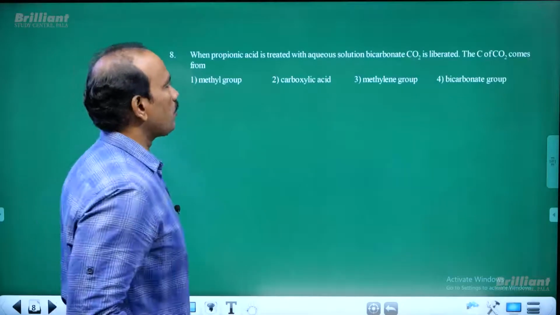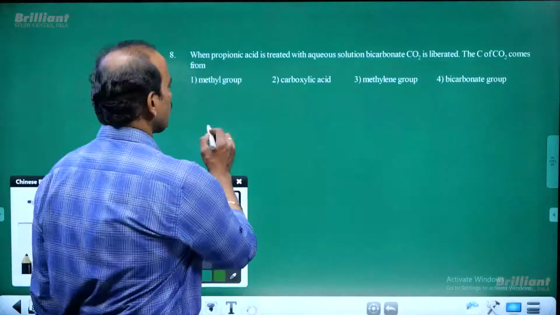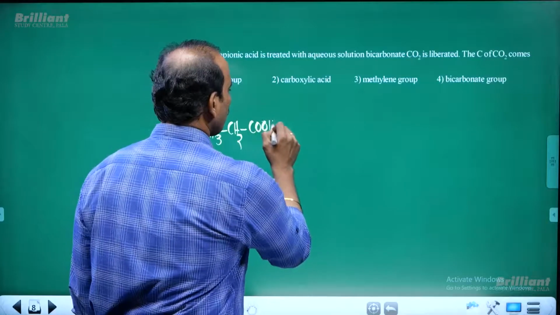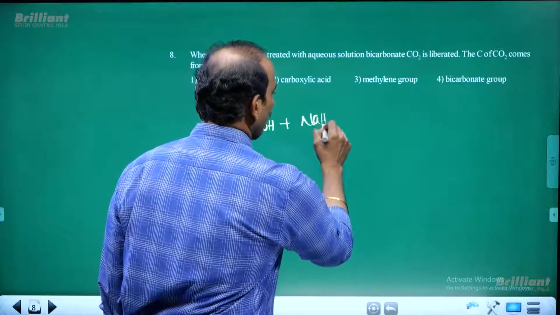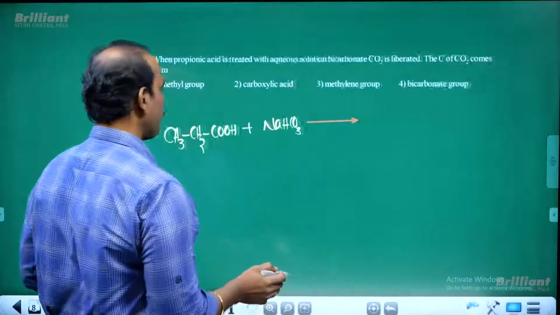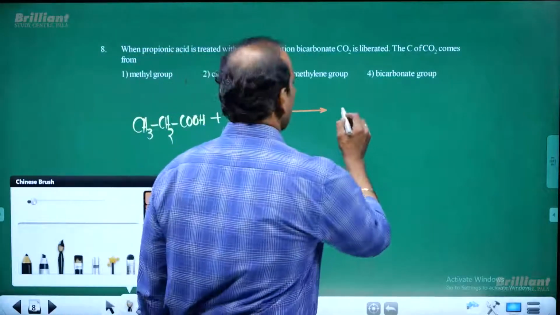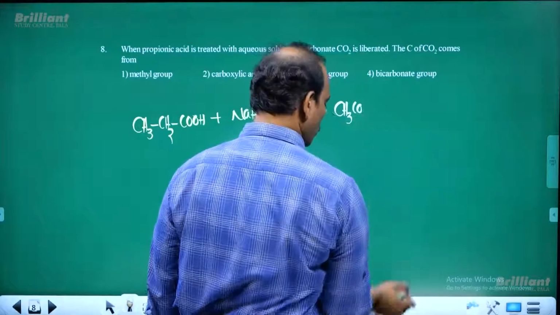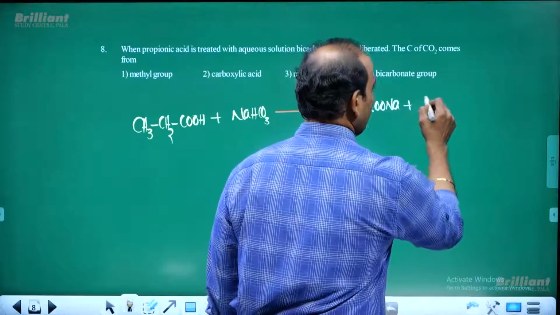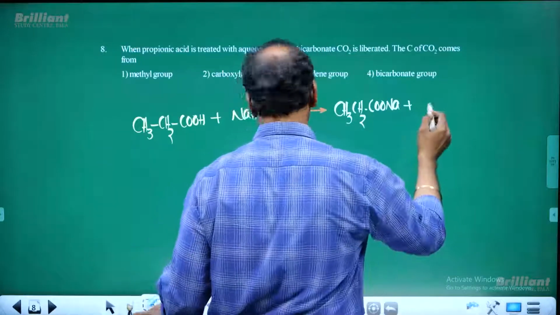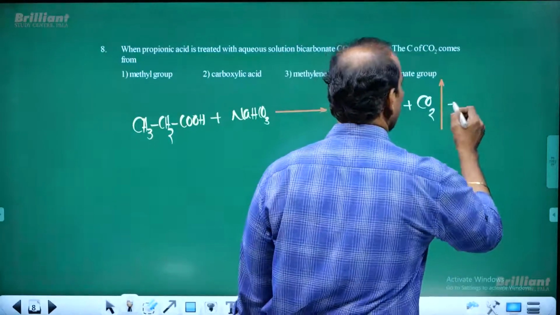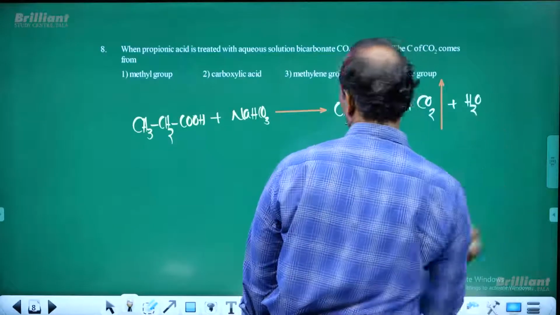Next one. Any carboxylic acid, for example CH3CH2COOH, treated with sodium bicarbonate gives CH3CH2COONa plus CO2 plus H2O.